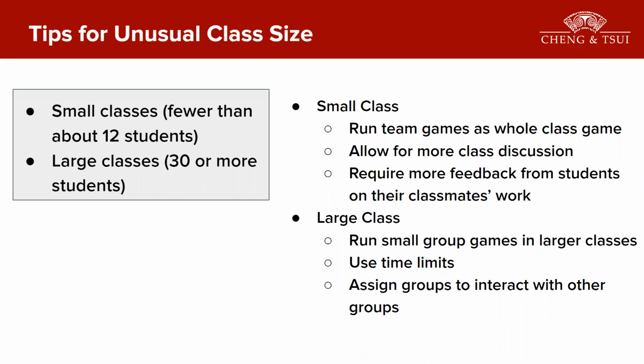Some suggestions for a smaller class: you can run team games as a whole class game, you can allow for more class discussions, and you can require more feedback from students on their classmates' work. If you happen to be in a larger class, you can run small group games or use time limits and allow groups to interact with other groups.